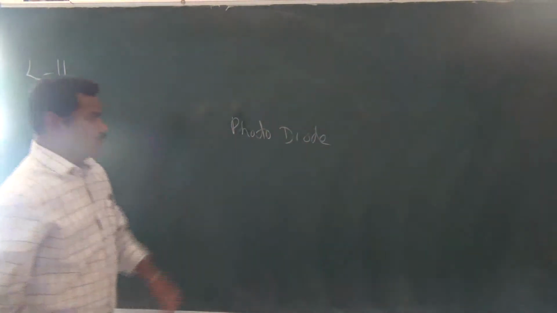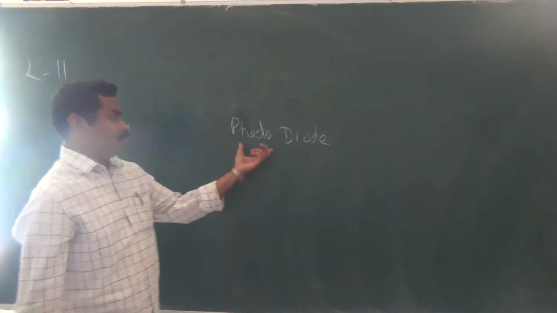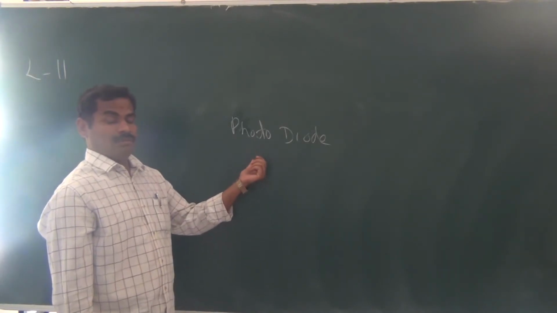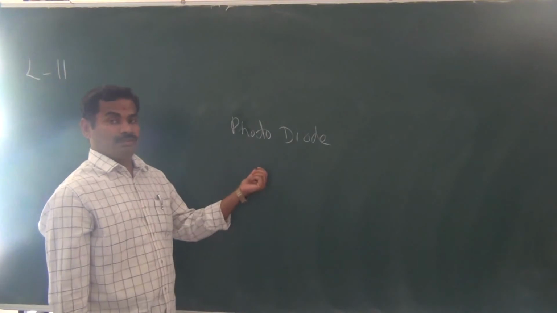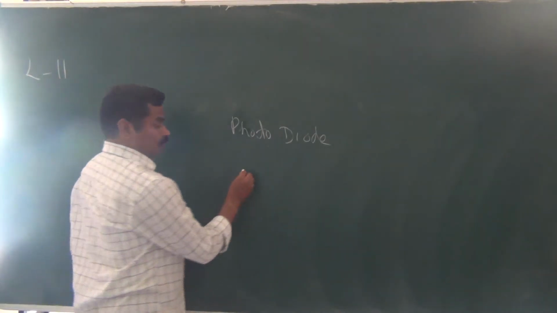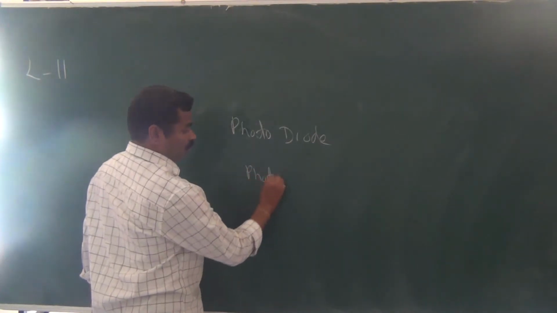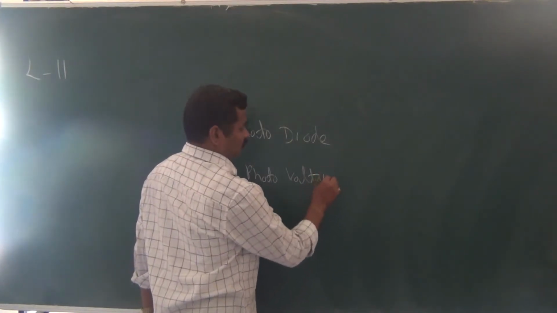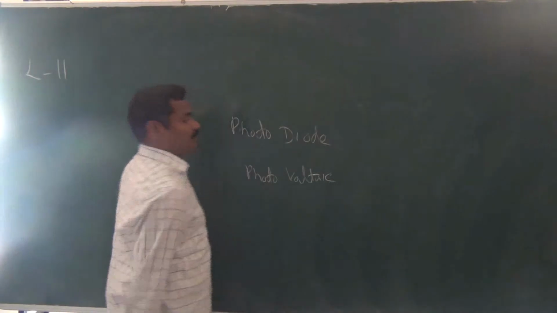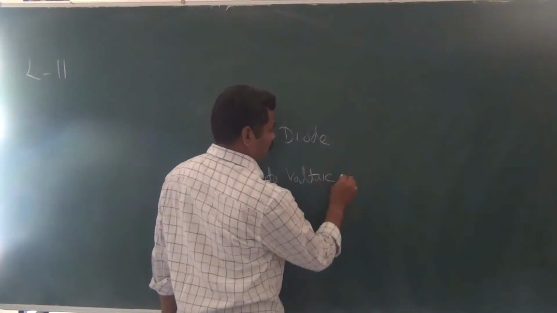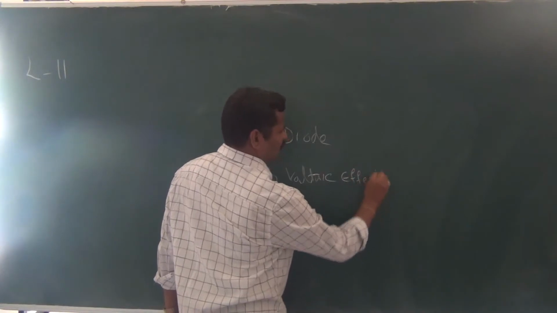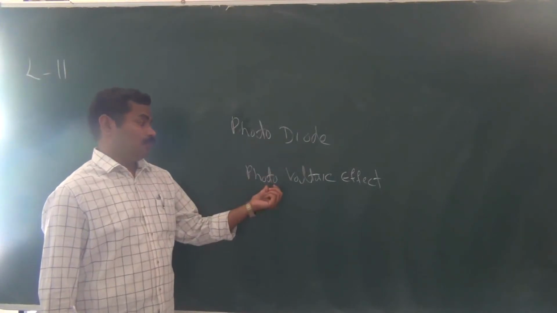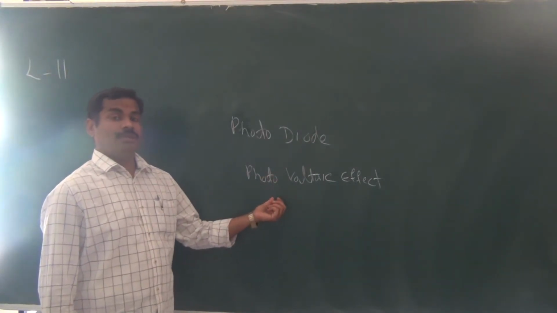As you know already, the photodiode is a PN junction diode, and an important thing, it works on the principle of photovoltaic effect, which is also called the inner photoelectric effect.